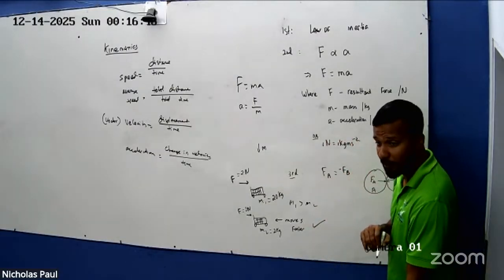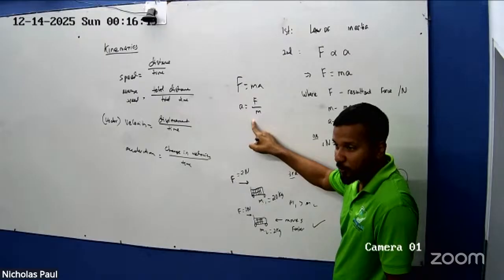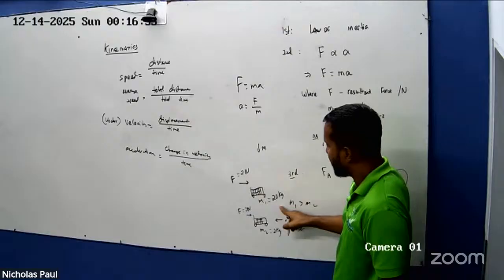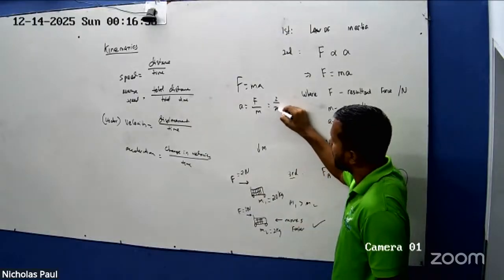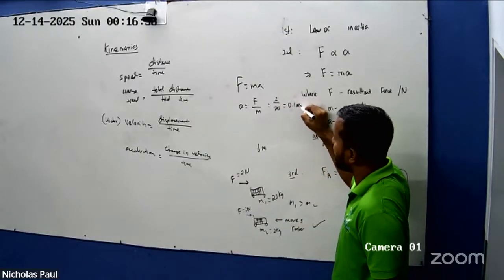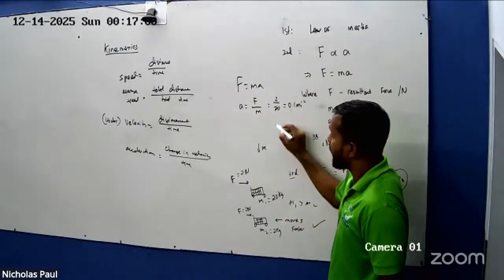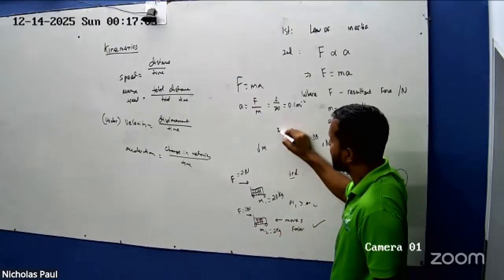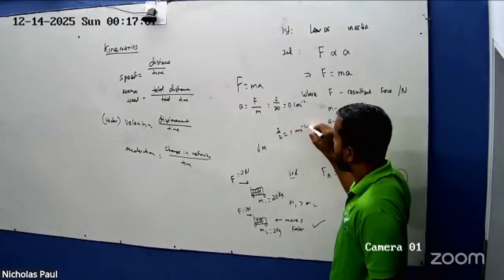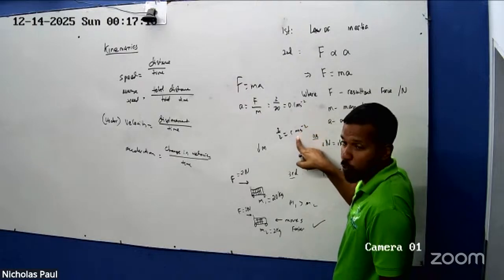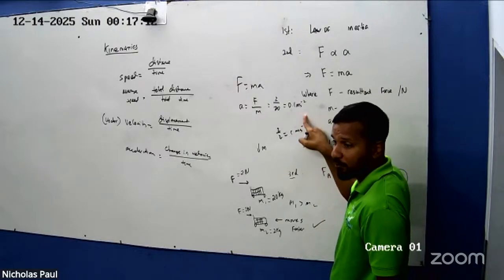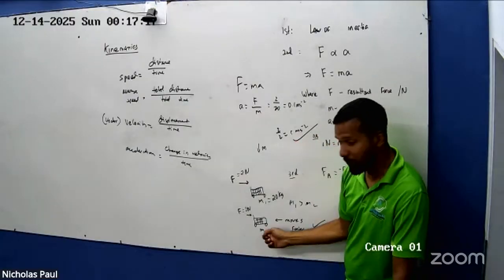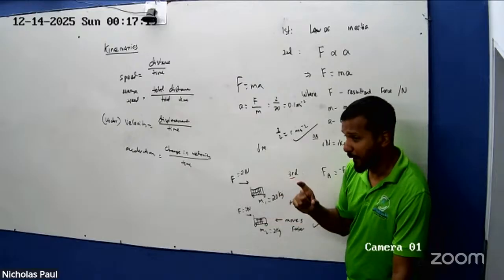Let's find the acceleration of both. What's the acceleration of the first one? Force divided by mass: 2 divided by 20 is 0.1. What about the next one? Force divided by mass. One is 0.1 and one is 1. Who will move faster? The one with 1. So the larger acceleration is with this one. That's the explanation I wanted.